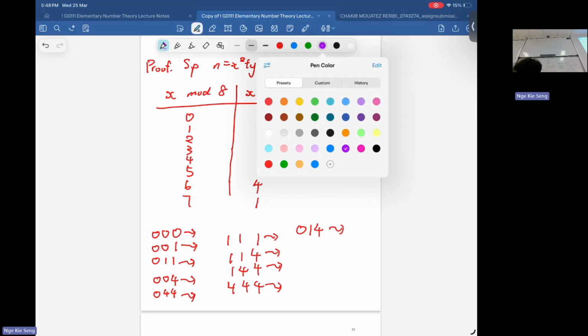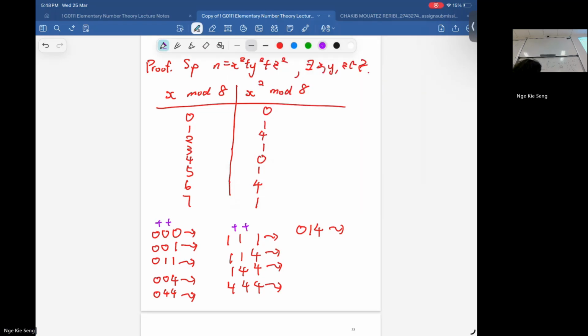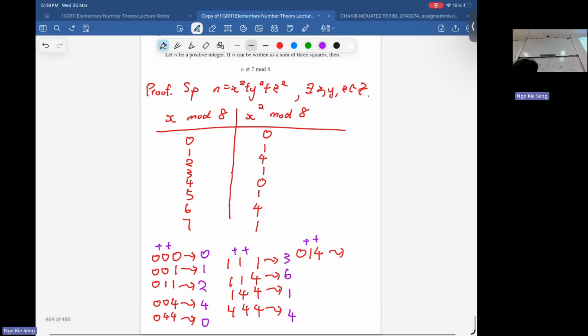If you sum all these, you get 0, 1, 2, 4, 16, which is 0 mod 8, 3, 6, 8, 9, which is 1, 12, which is 4.